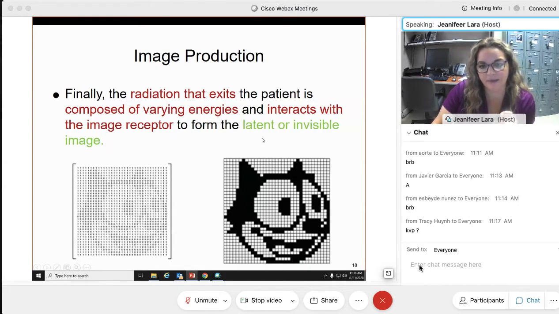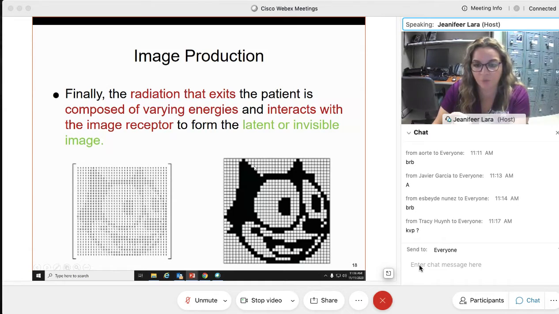The latent image is better described as the invisible image on the screen before computer algorithms produce the brightness levels. High brightness, very bright. Low brightness, very dark. Very white, very black.